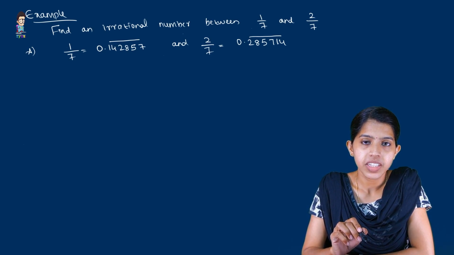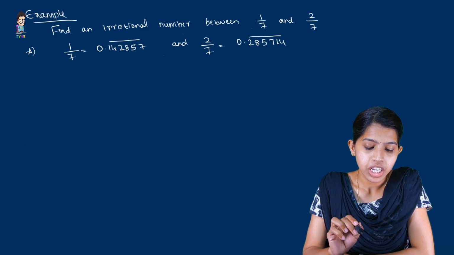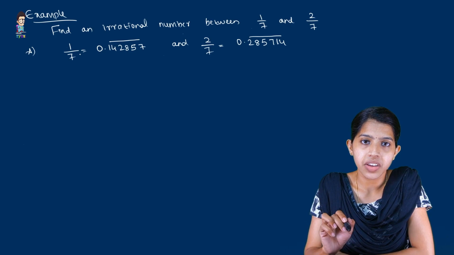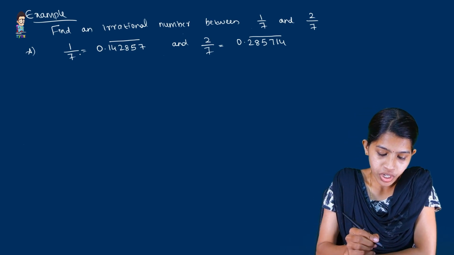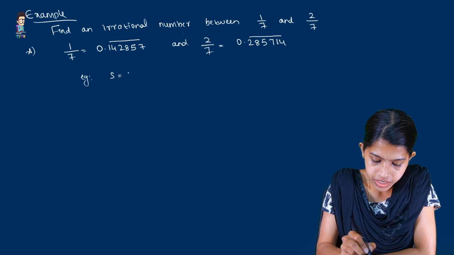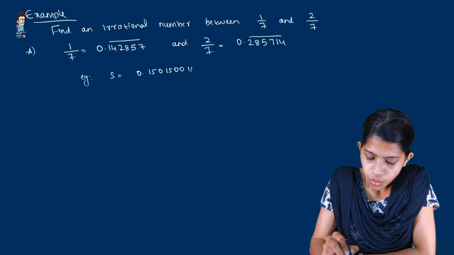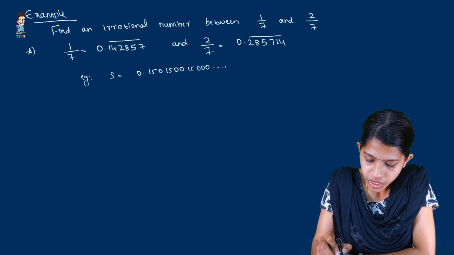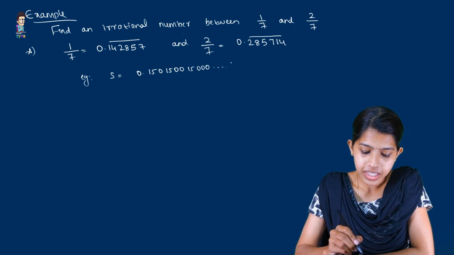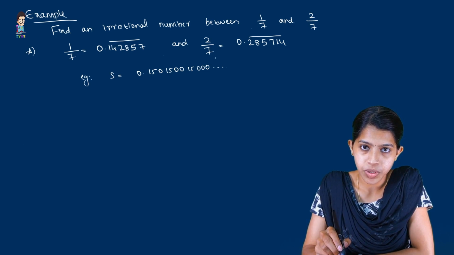That is, here we will find a number with a non-terminating, non-recurring decimal expansion which lies between 1 by 7 and 2 by 7. For example, consider a number like this, s is equal to 0.150, 1500, 15000, etc. Clearly, this number s lies between 1 by 7 and 2 by 7.